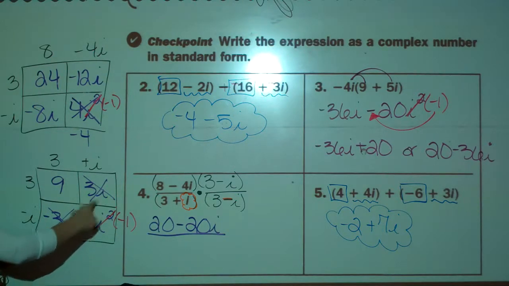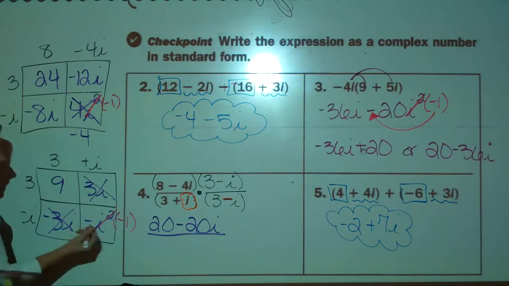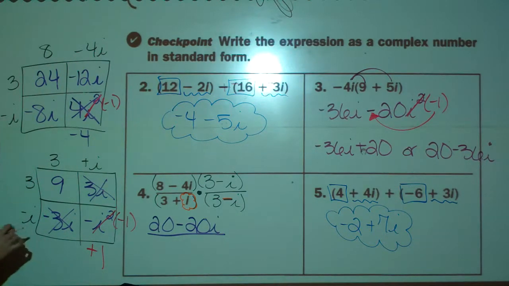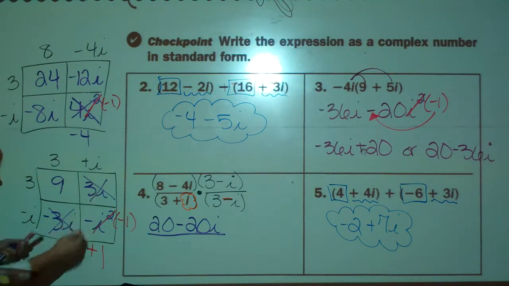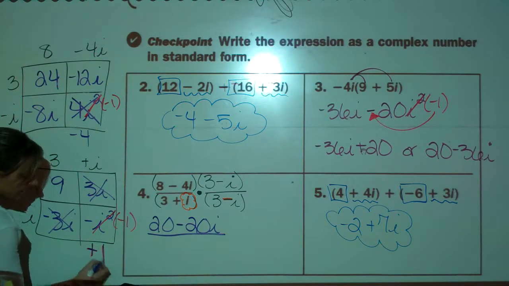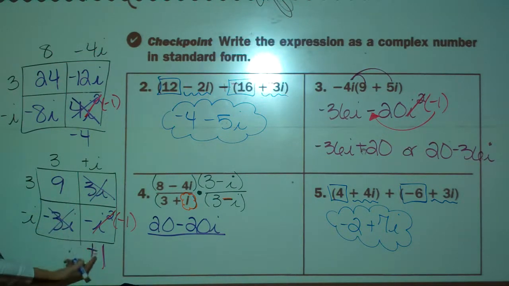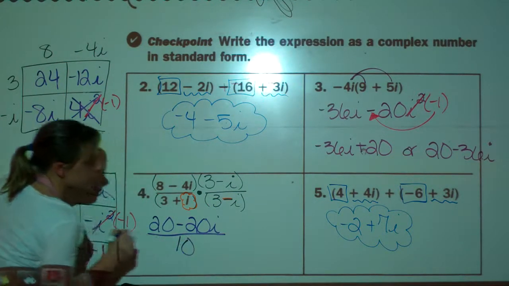So instead of a minus a number, this negative 1 changes it to plus. And in this case, it's plus a 1, because there's no number, so the number's automatically 1. So instead of minus something, it's now plus that 1. So those two cancel out. 9 plus 1 is 10.